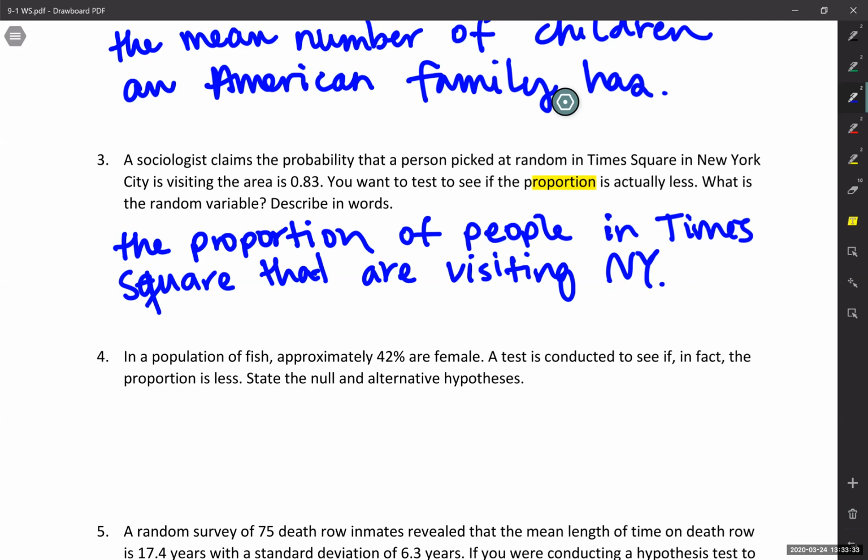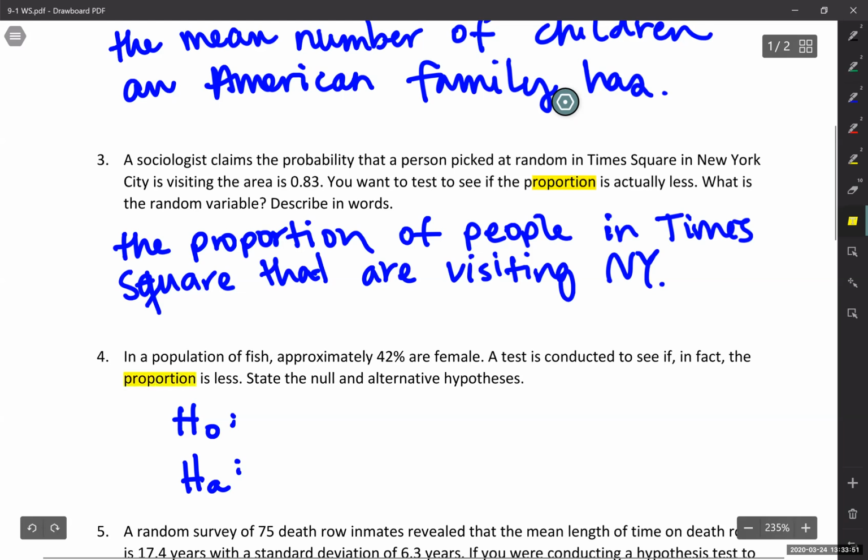And so for this first one, what I like to do to start is I say, here's my null, here's my alternative. Okay, next step, what am I talking about? I can see, skimming through the problem, that this is a proportion problem. So I am talking about P. All right, so that's step 1.